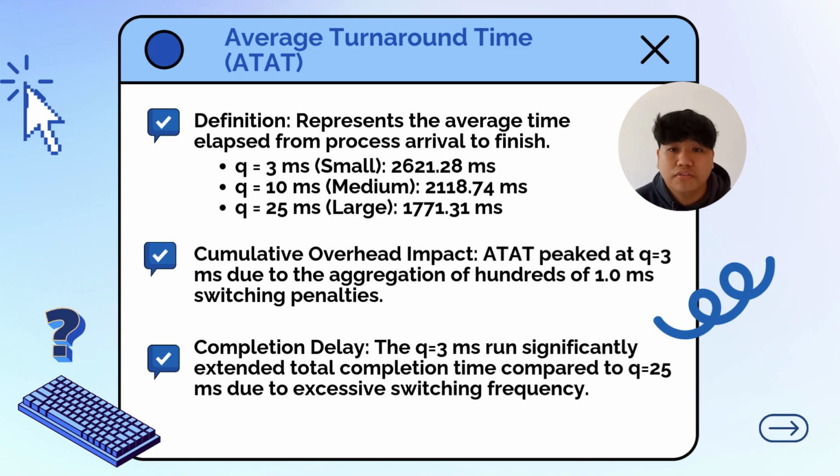A small cost of switching, not just for the CPU, aggregates over time, extending the total completion time for the entire batch of processes significantly compared to the 25 millisecond run. In short, while a small quantum feels fair because everyone gets a turn quickly, the cost of switching actually makes everyone wait longer to finish.